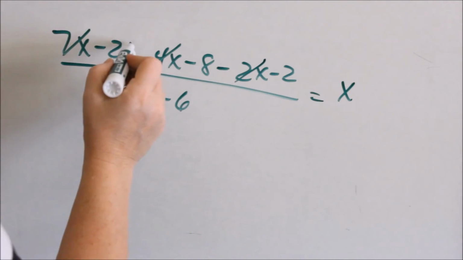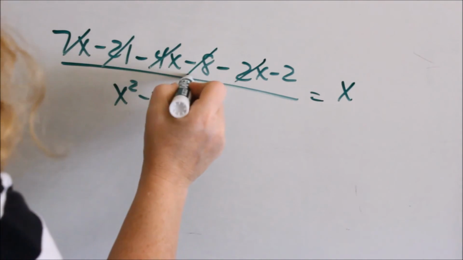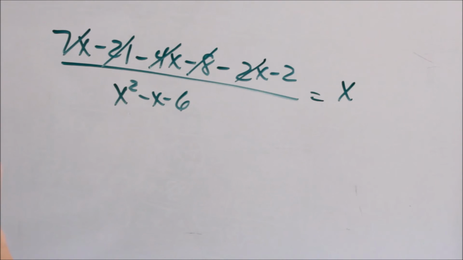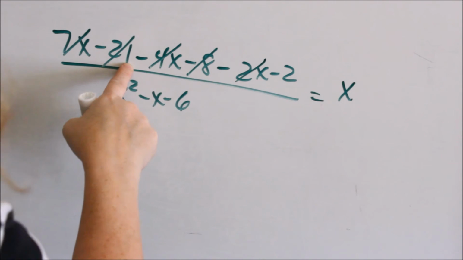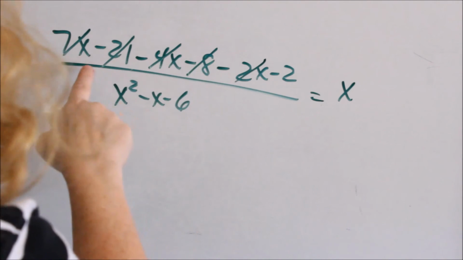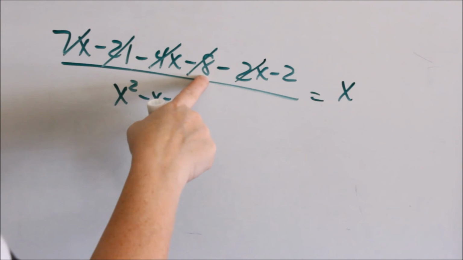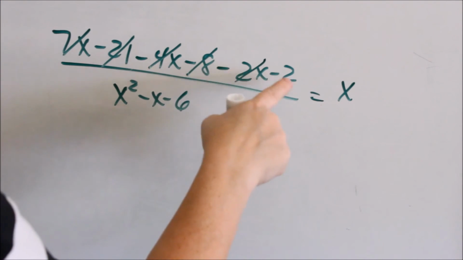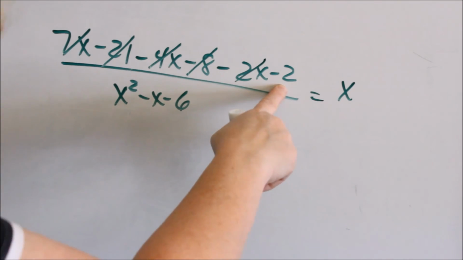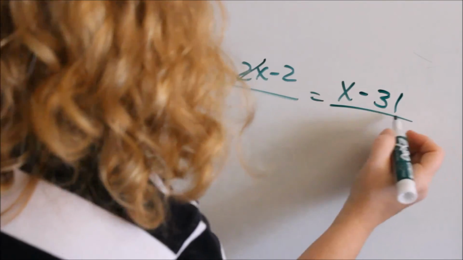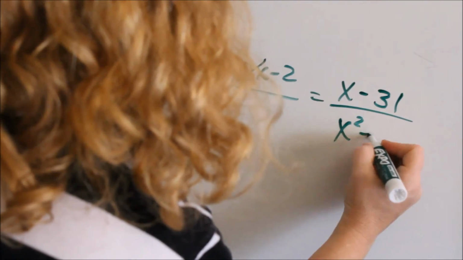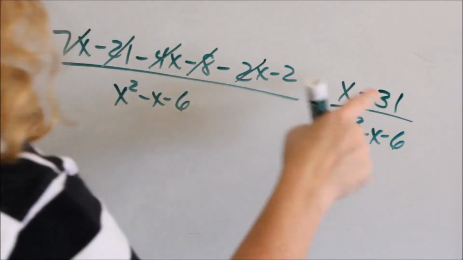X. Negative 21 and negative 8 is negative 29. Negative 29 and negative 2 is negative 31. Okay, I went wrong somewhere, so I've got to go find my mistake because this should be x minus 30.